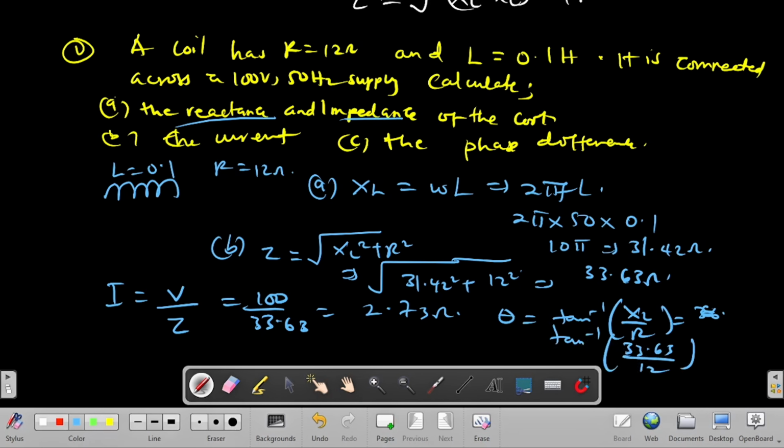You punch that in: tan inverse of 31.42 over 12. That is about 69 degrees. You realize that it is less than 90.